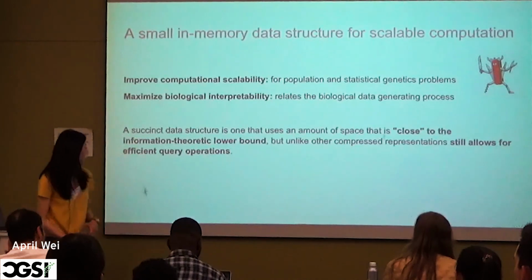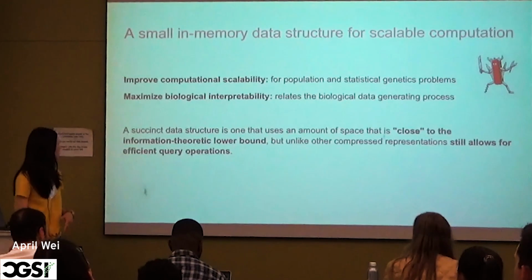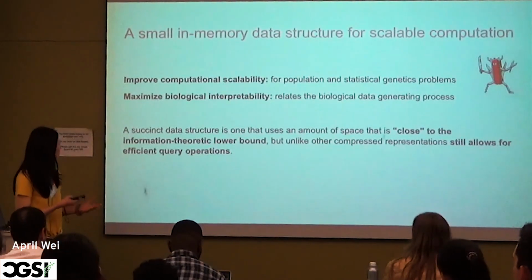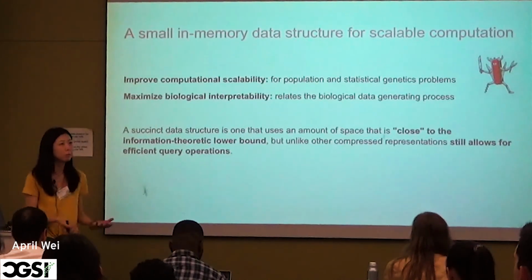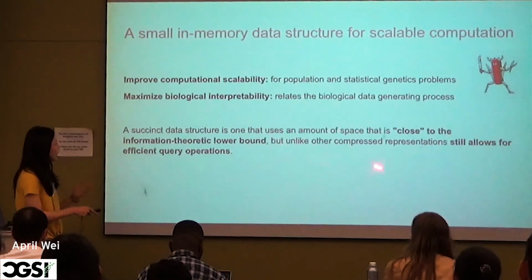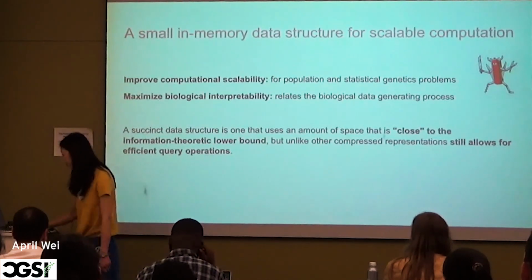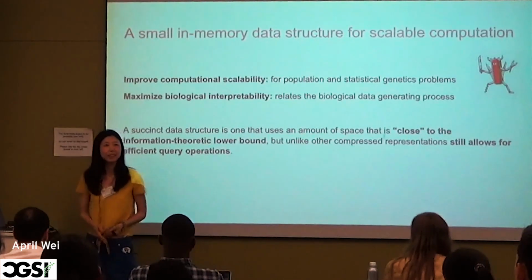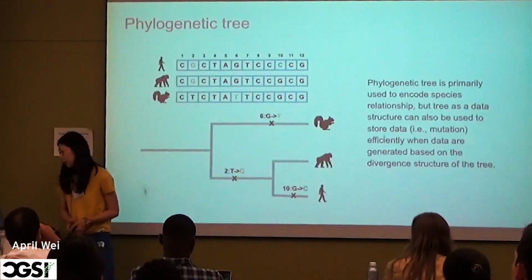This is related to the computer science concept of succinct data structures, which are data structures close to the information theoretic lower bound for representing the data, but that still allow efficient data queries. We're not claiming that we are making a succinct data structure, but we think we're working towards that direction.